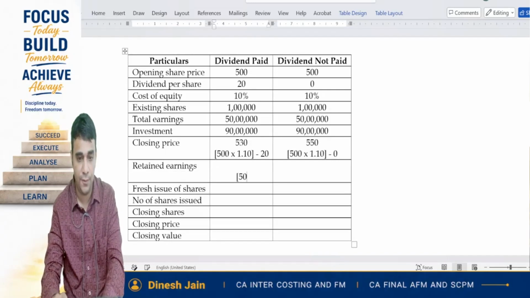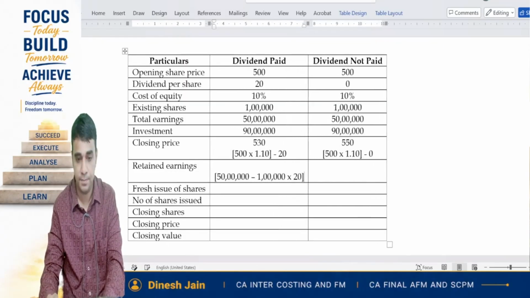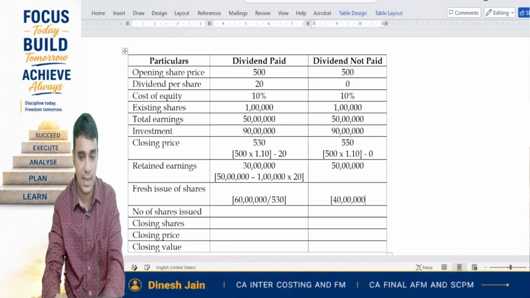Retained earnings is 50 lakh minus 1 lakh into 20, 30 lakhs, and this side entire 50 lakhs. Fresh issue of shares: I need 90 lakh money. 30 lakh is available. 60 lakh divided by 530, and this side 40 lakh divided by 550.